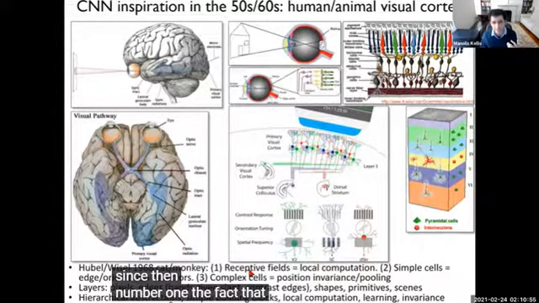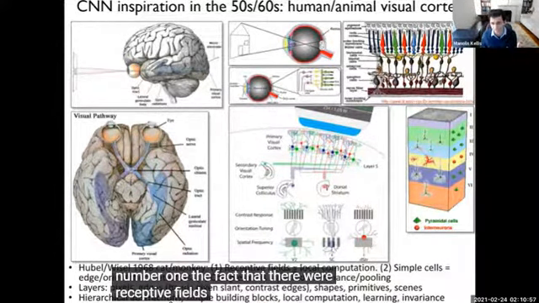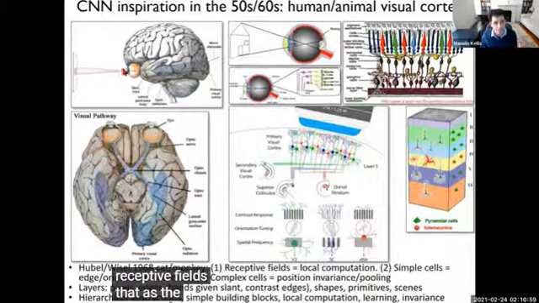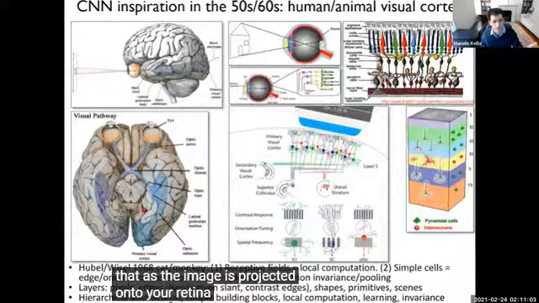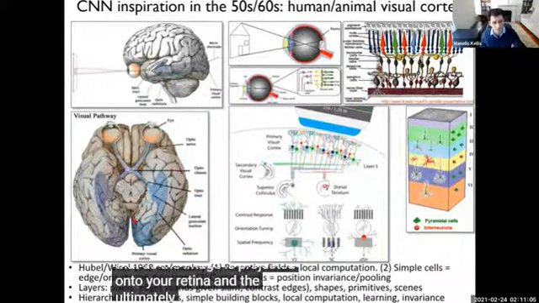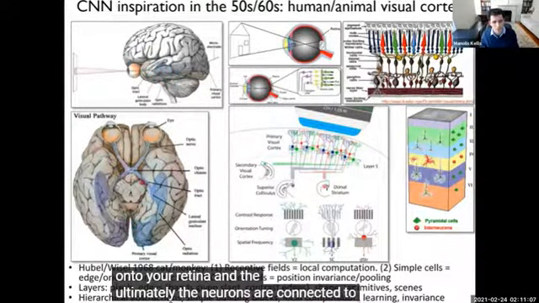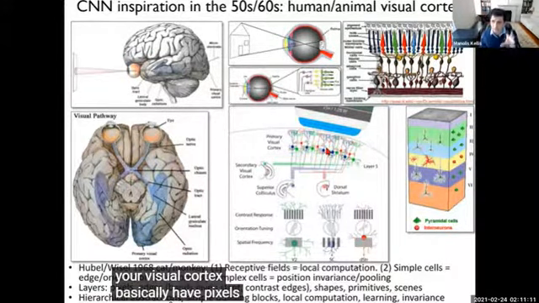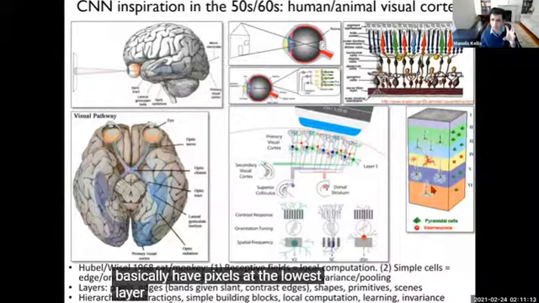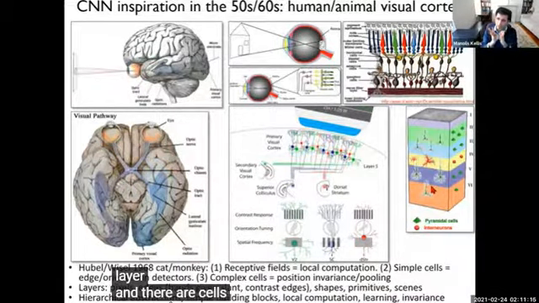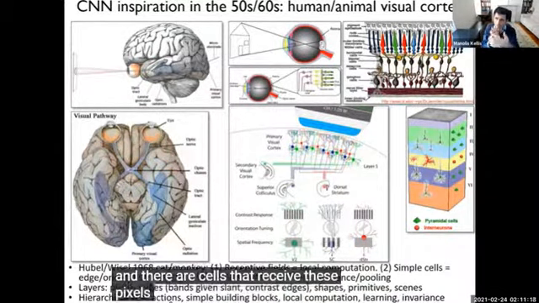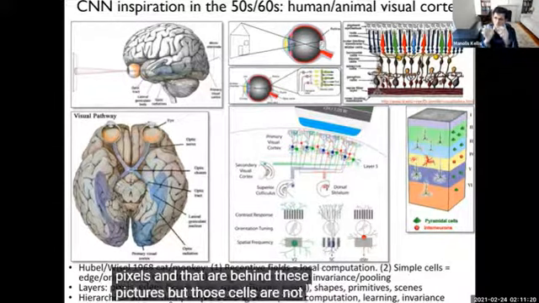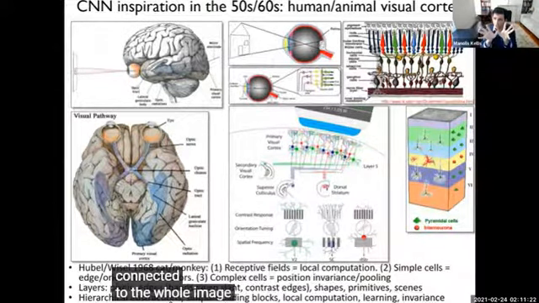Number one, the fact that there were receptive fields, that as the image is projected onto your retina and ultimately the neurons that are connected to your visual cortex, you basically have pixels at the lowest layer, and there are cells that receive these pixels and that are behind these pixels, but those cells are not fully connected to the whole image.